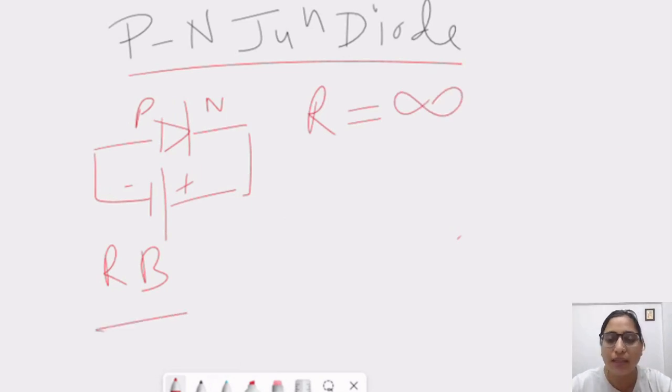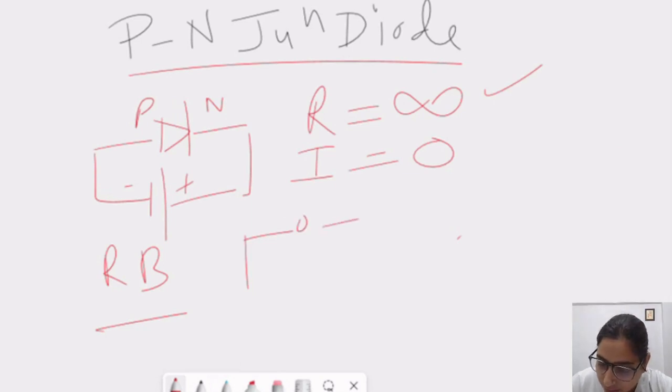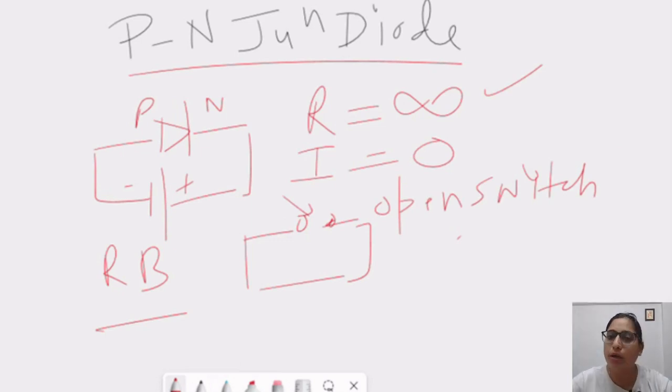Because reverse bias acts as a blocking bias. Blocking bias means it opposes the current, so the resistance will be infinite, and the current will be almost zero. No current will flow in this circuit. So, we consider this circuit as an open circuit or an open switch. If this is a mechanical switch, then it is open all the time in the case of the reverse bias ideal diode condition.